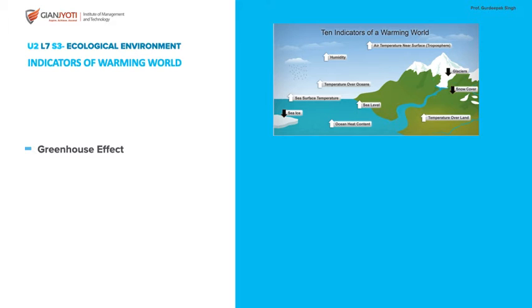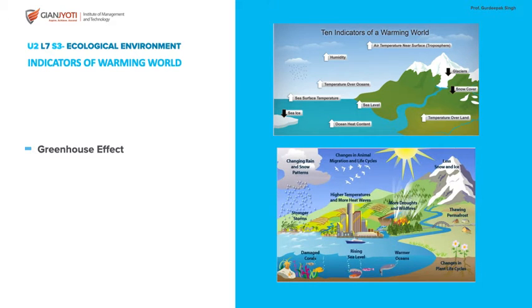As you might have seen, this summer was very severe because of high humidity and high temperatures. As a result, there are changing rain and snow patterns, and a change in animal migration and life cycles.